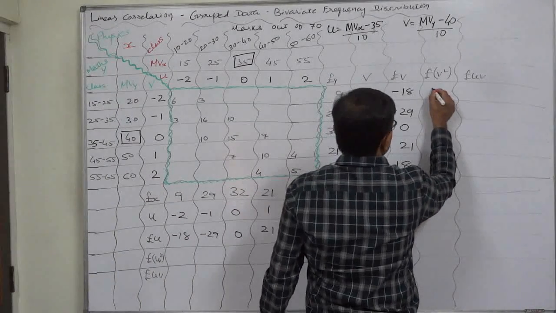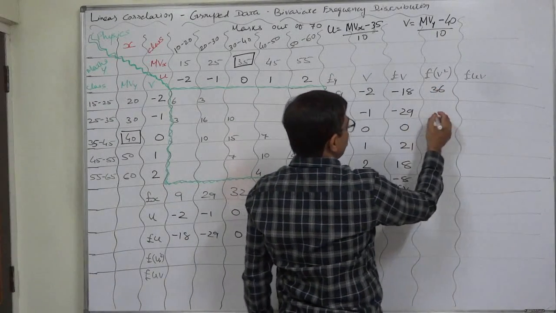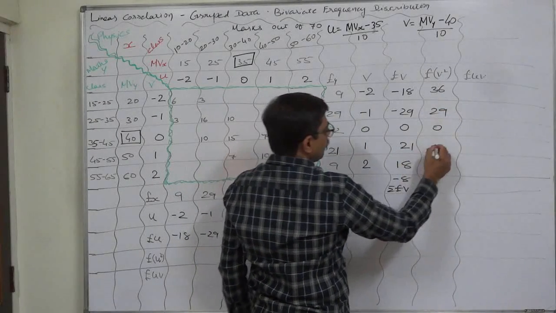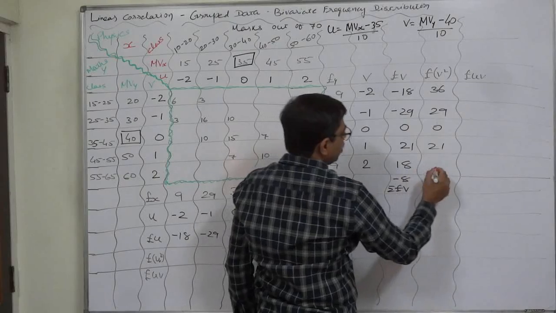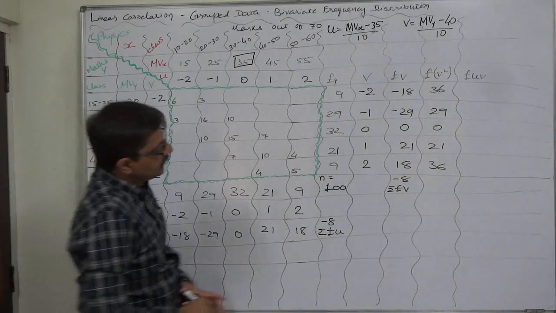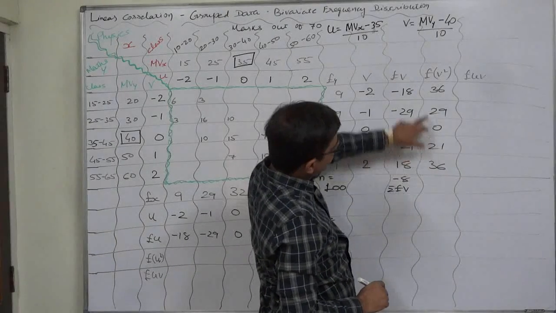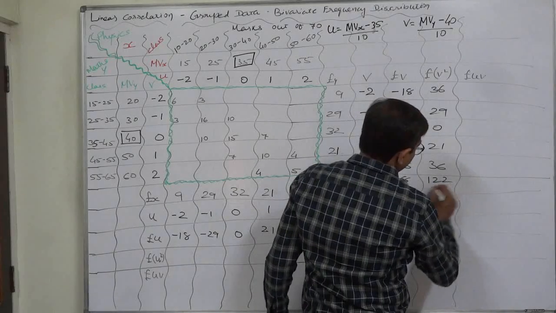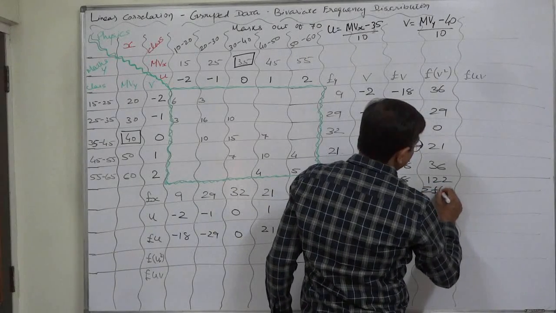Minus 2 into minus 18, 36. Minus 1 into minus 29, 29. 0, positive 1 into 21, positive 21, 2 into 18, 36. Okay, 36 plus 36, 72, 29 plus 21, 50, 72 plus 50, 122. That is sigma F V square.